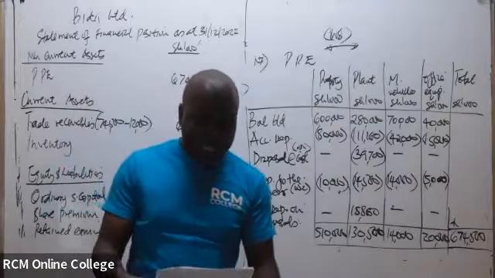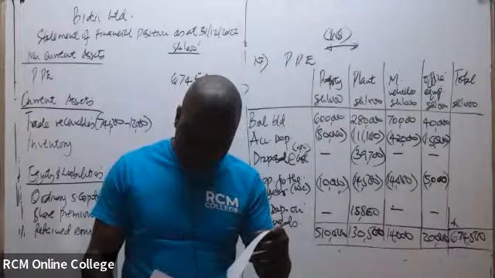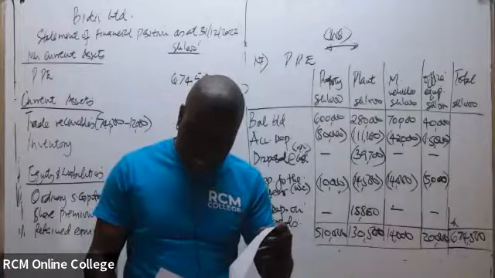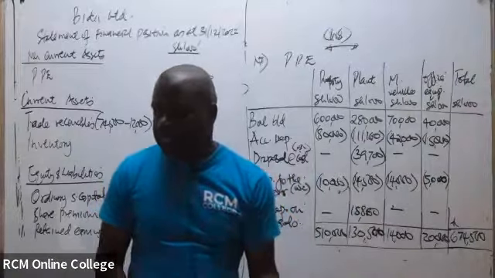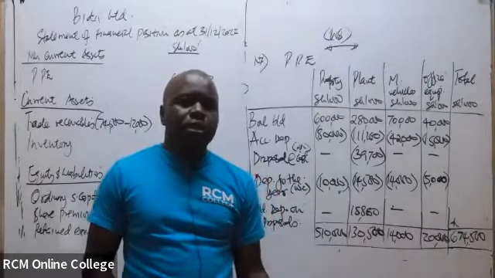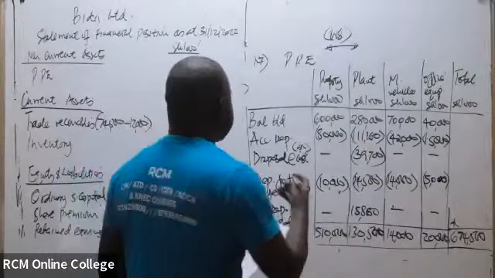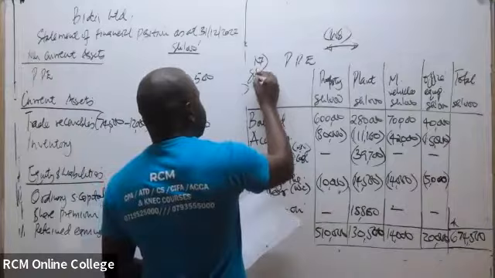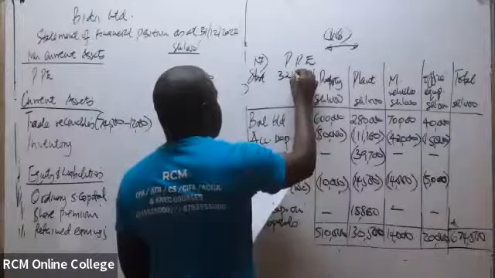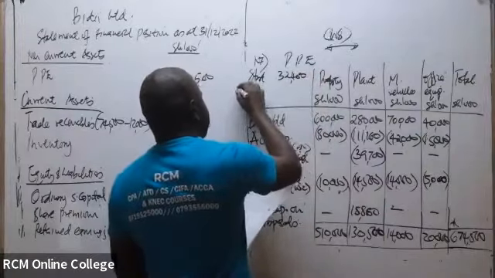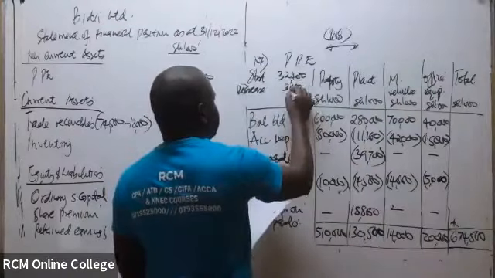Remember, the figure of deferred tax you've been given in the trial balance is the deferred tax at the start of the year. You're told it was 32,400, and then there was a decrease during the year of 3 million.